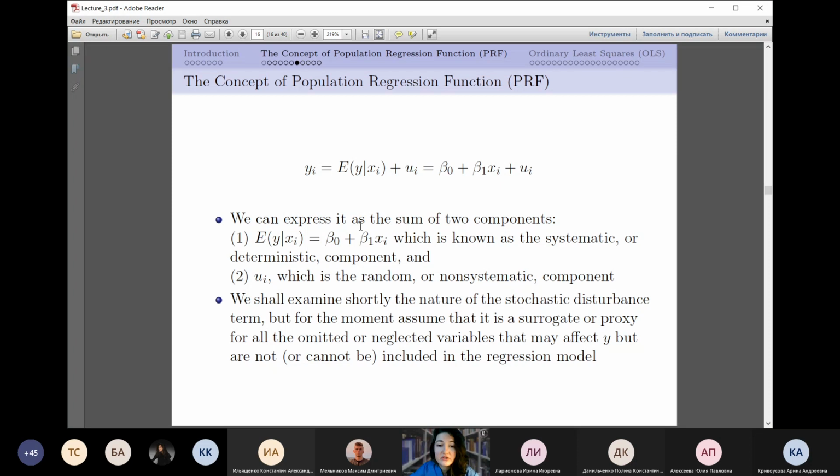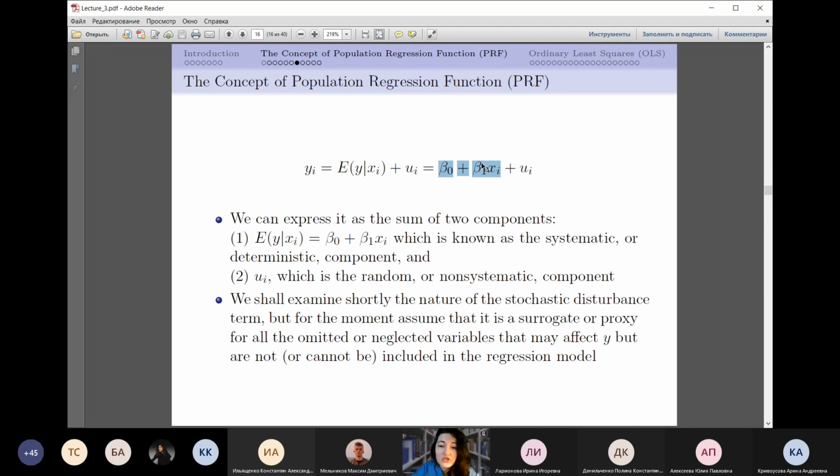It's very important to understand that we can express our regression function using two things. The first is the systematic or deterministic component, which includes the beta 0 and beta 1 parameters. We need to find them; this will be our goal.